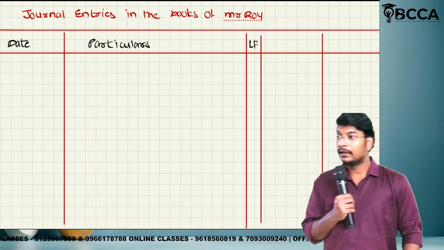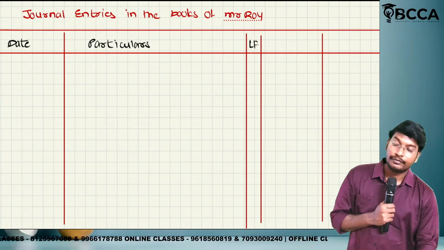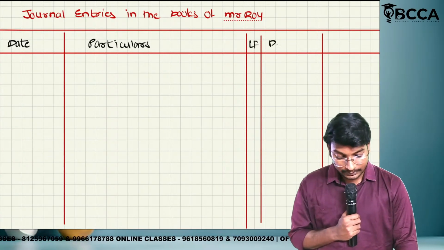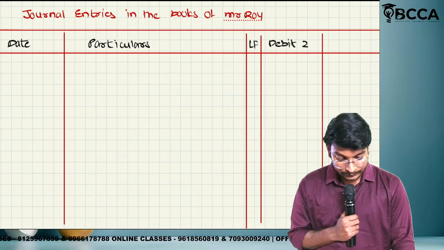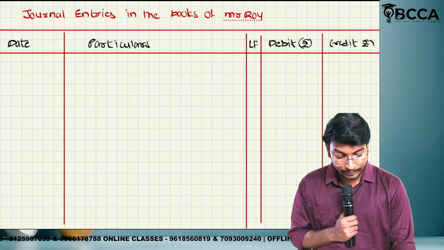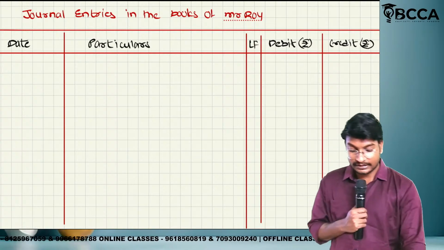LF means ledger folio, because we will transfer this journal entries into the ledgers. Next one, debit amount or debit rupees or credit rupees. Okay, what is the first journal entry they have given?